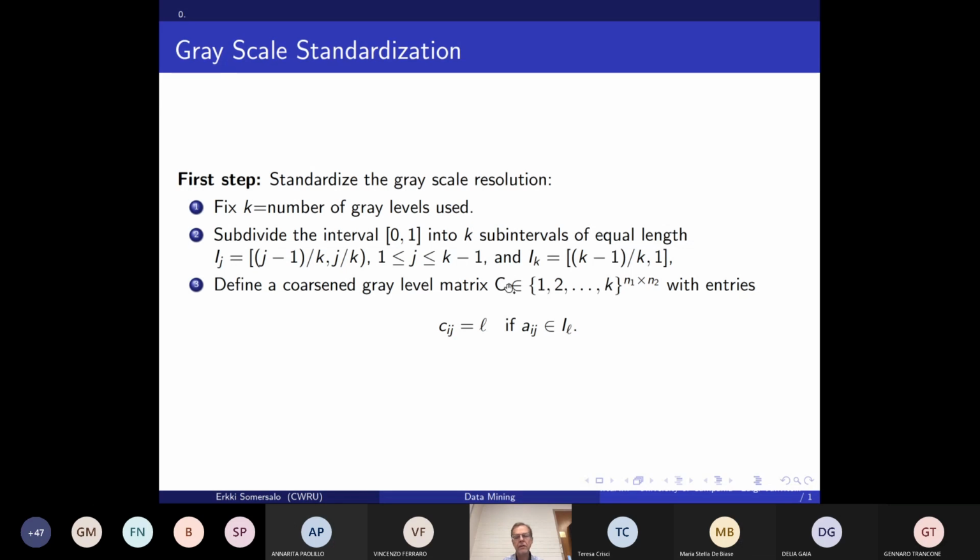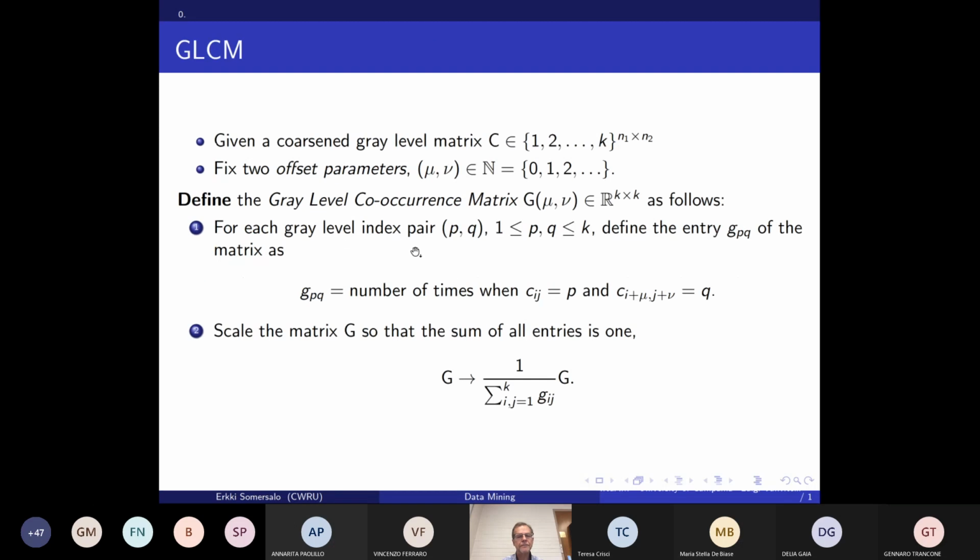And so then we start defining what is known as the co-occurrence matrix. As I said, the pixel value itself is not that informative. So you can have in an image two pixels which are representing completely different things, and yet they have the same grayscale value. Let's talk about this synthetic aperture radar image.